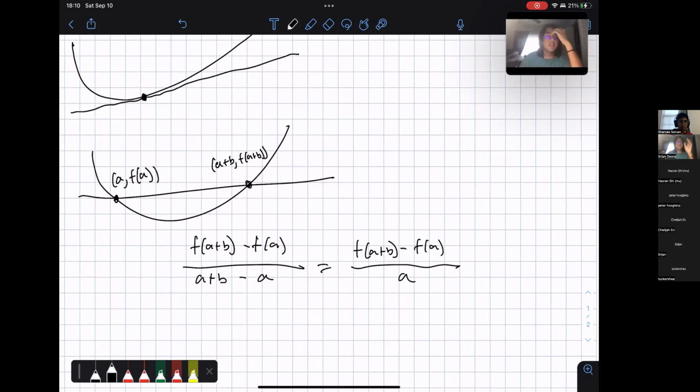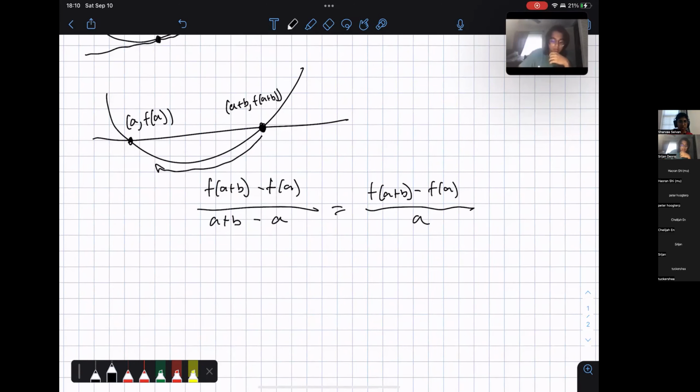This gives us the slope of the secant line, but we want the tangent line. So what we can do is take this point and bring it closer and closer to this point. As it gets closer and closer to the other point, it'll approach the tangent line. If you remember from last time when we talked about limits, one important thing is that even if a function doesn't exist at that point, we can approach that point and it'll give you a value that you can work with.